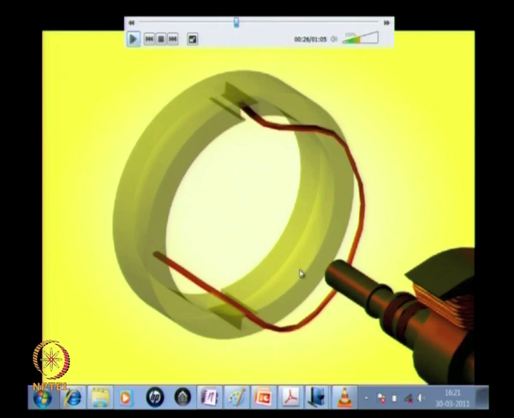Here you see the stator of the machine. The stator consists of two slots, one here and one here. Through this the coil is getting wound. You see that the coil is inserted into one slot, goes around the circumference and then gets inserted into the next slot.